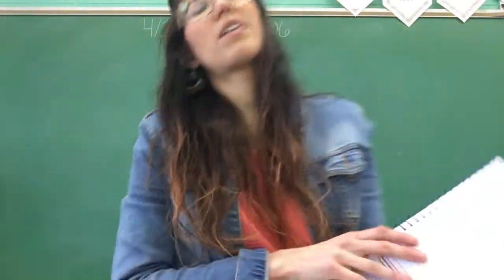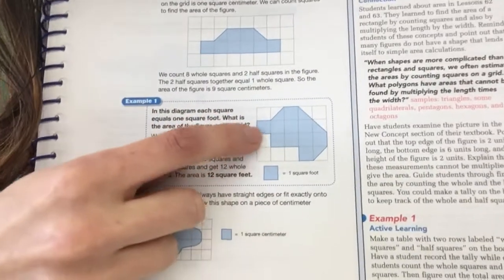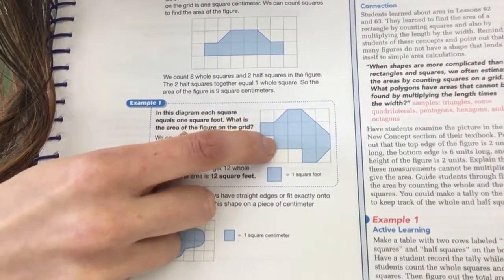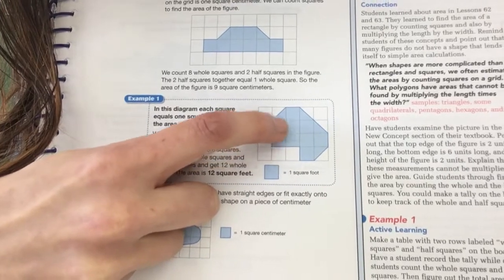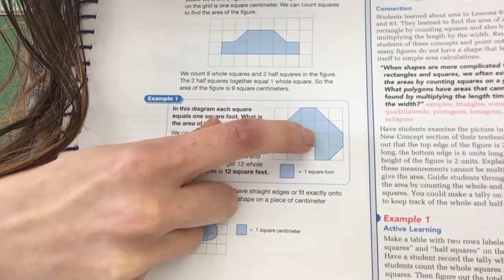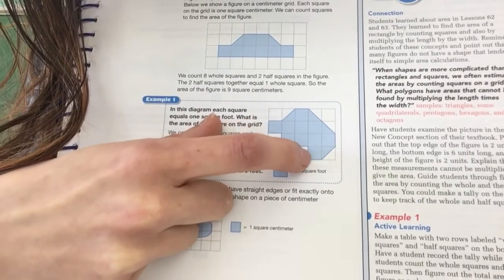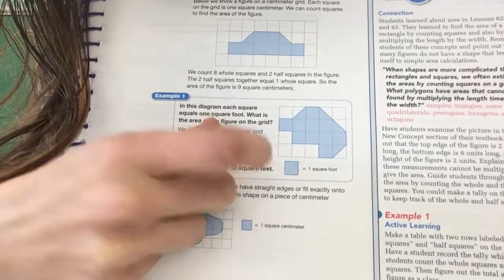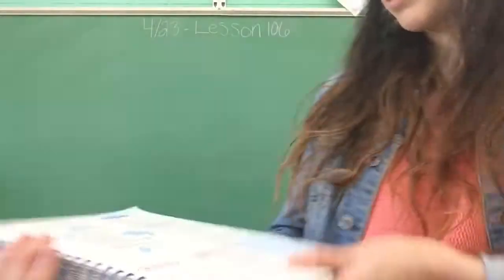That's right, there are 10. Maybe if I can show you up close. So the full squares will be 1, 2, 3, 4, 5, 6, 7, 8, 9. There was one more. I know I did count 10 though, but it's kind of hard looking at the camera and doing this.